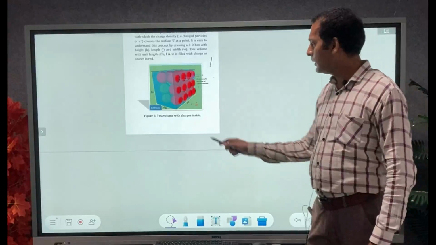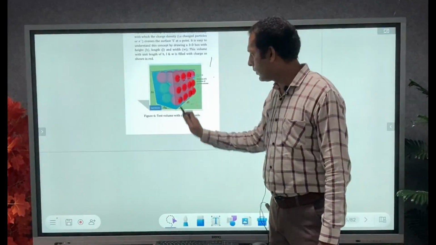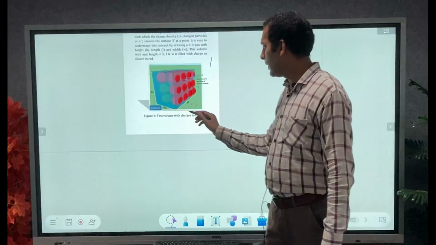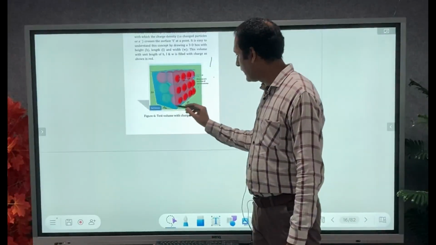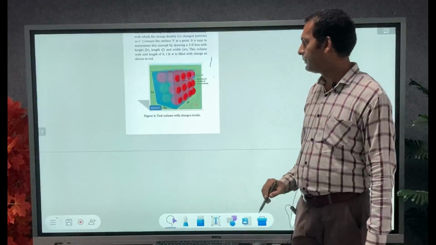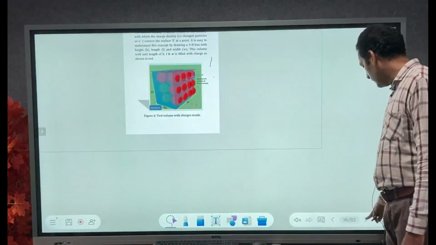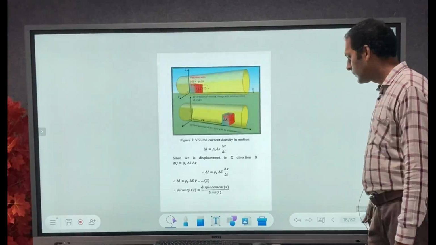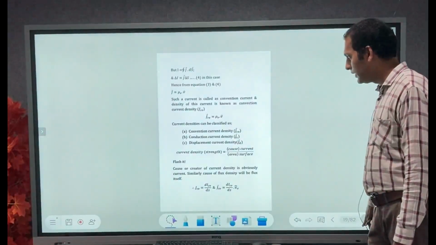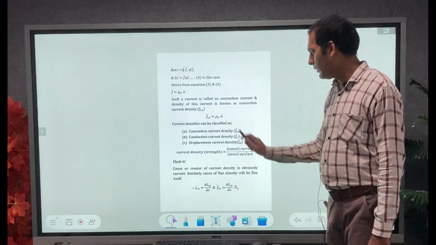Then we imagined a test volume where a number of charges are present with some height delta h, width delta w and length delta L. Then we derived the expression for that, and after deriving we proved that J is equal to rho V times V.